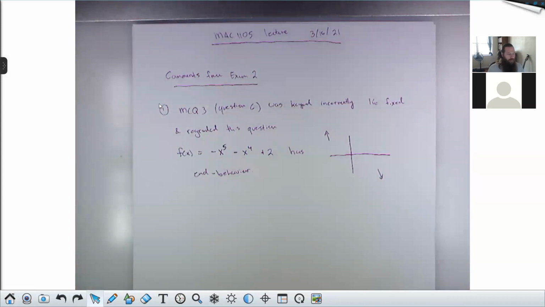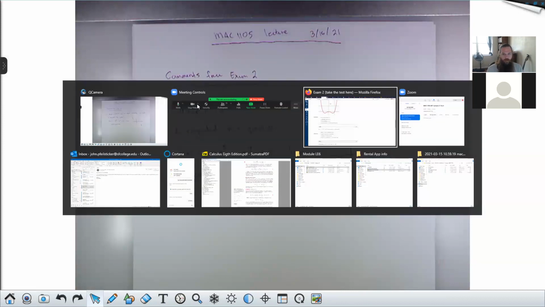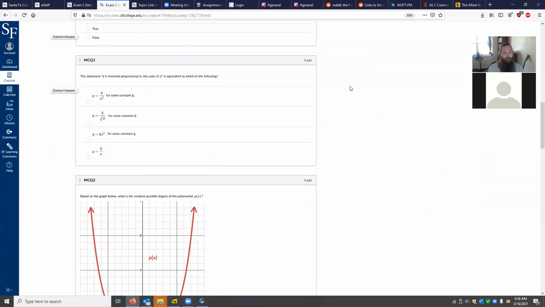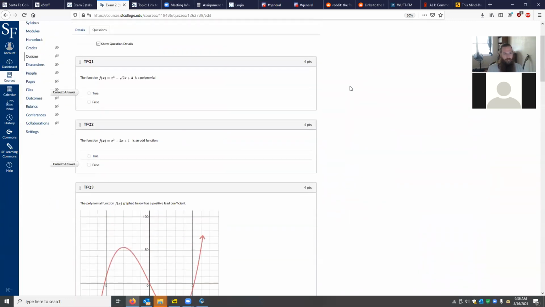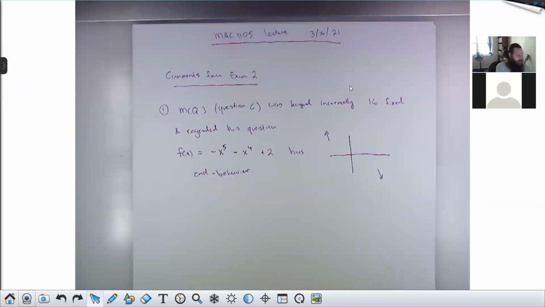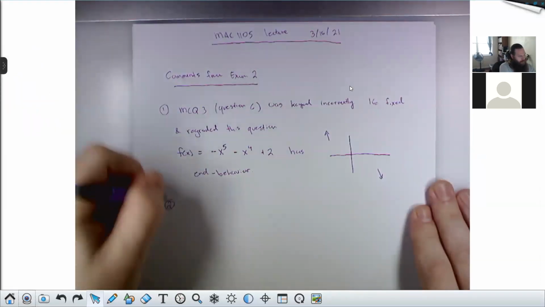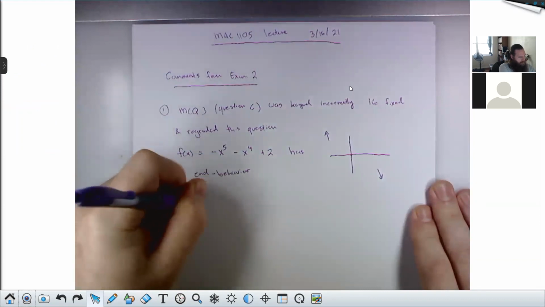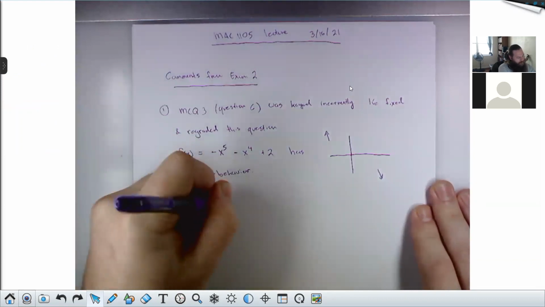Gotcha. All right. The other thing I wanted to talk about was question 2. Yeah, x cubed minus 2x plus 1. This is TFQ2, which was question 2 overall.